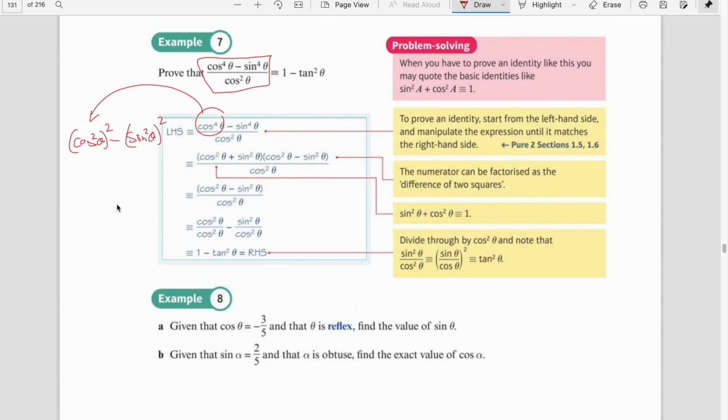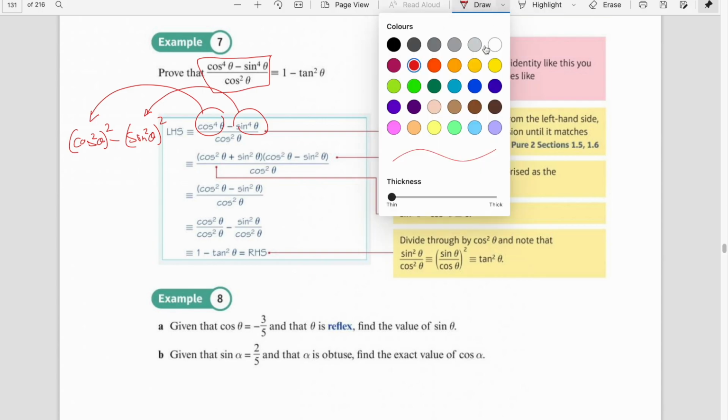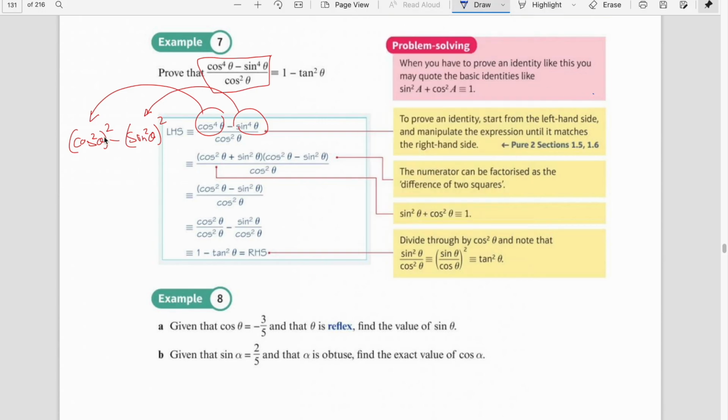This was 4, is it still 4? This was sine 4, is it still 4? So this actually made it look like a square minus b square, which would be a plus b into a minus b. So a is cos square, a plus b into a minus b.